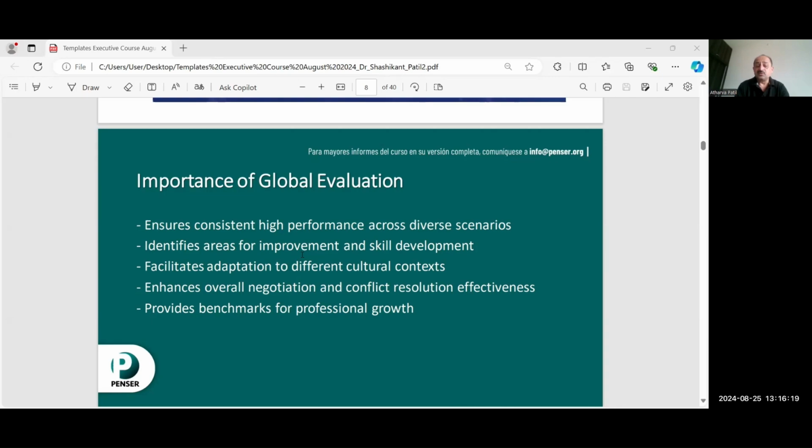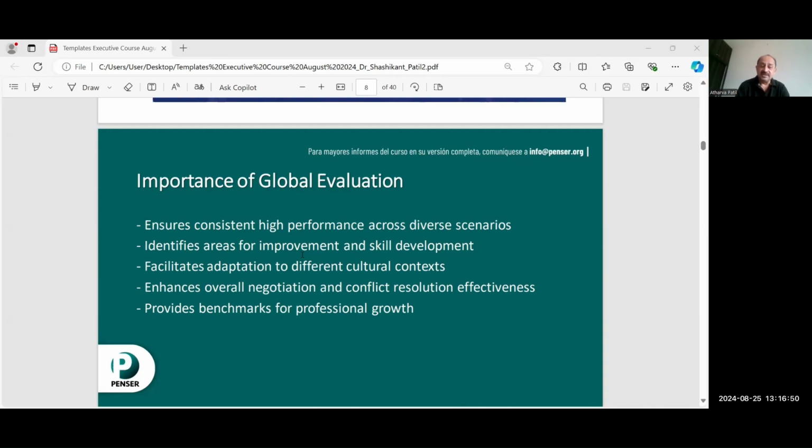Along with that, it also facilitates adaptation to different cultural contexts. You may be working with people from diverse backgrounds and different walks of life, from different geographical areas, with different languages and communities. So it will serve as a catalyst for that. Then it also enriches overall negotiation and conflict resolution effectively, and that is very important.